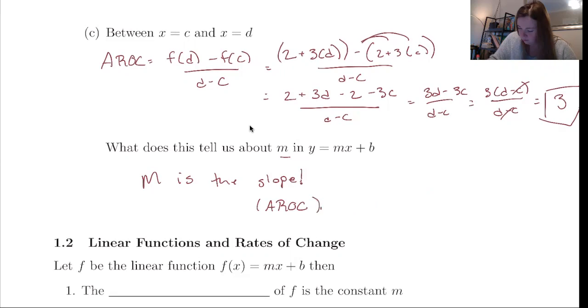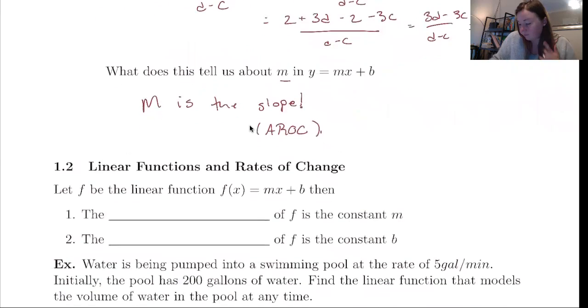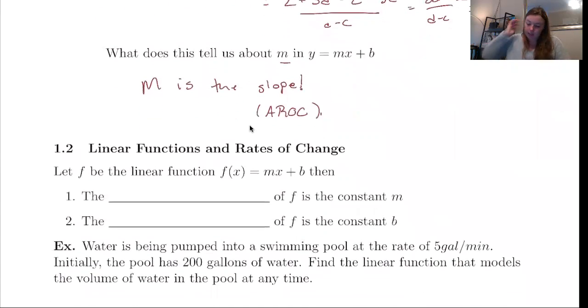There we go. Okay. So we can kind of write it a little nicer. So right, let f be the linear function, f of x equals mx plus b. Then the rate of change of f is the constant m, and the initial value, we also used to call that the y-intercept of f, is the constant b.